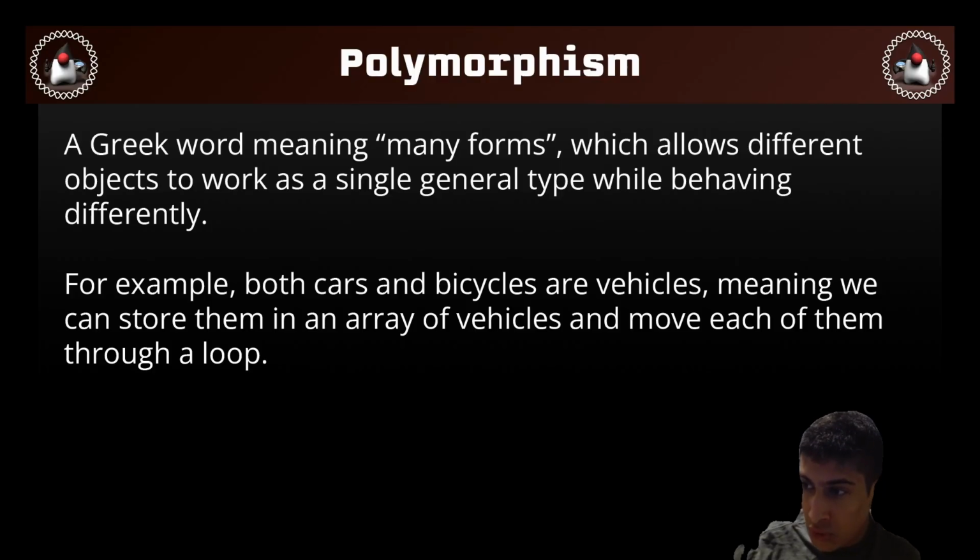So, for example, both cars and bicycles are vehicles. And that means if we create an array of vehicles, we can store both cars and bicycles in there, and then we can iterate through all the cars and bicycles, and move each of them. So we don't need separate car and bicycle arrays. We can just lump them all into a single array consisting of vehicles.